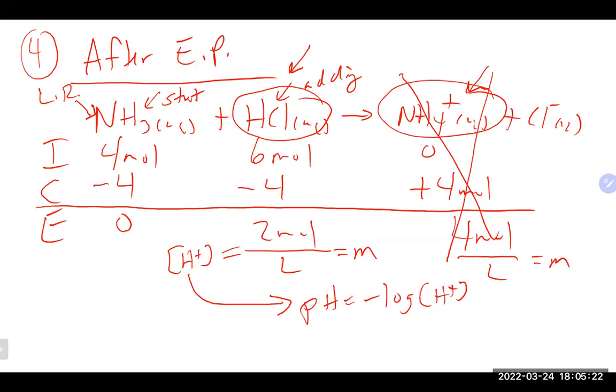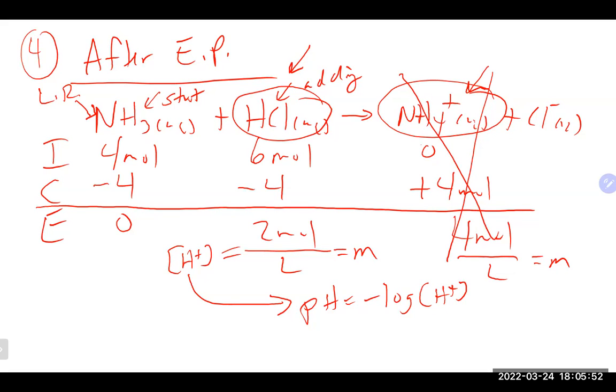So much like the previous titration, you need to do one ICE table here. Really, the purpose of this ICE table is to see how much strong acid you have left over, which then you could go into the pH equation.